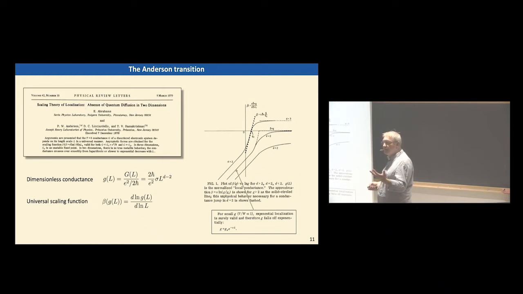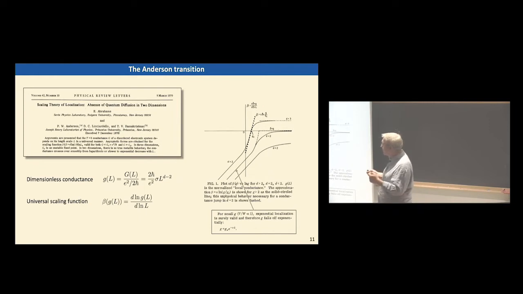If you are in 3D, you have a conductance that scales like the length of your sample. The resistivity rho times L over S, you have L over L squared, it's 1 over L. So in d dimensions, you have L to the d minus 2.